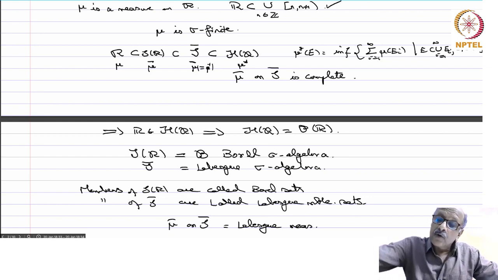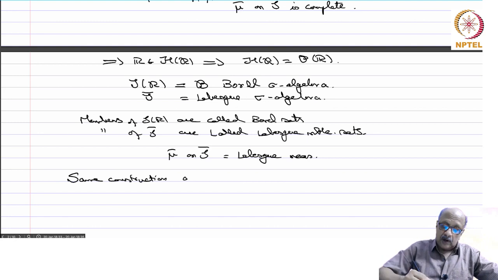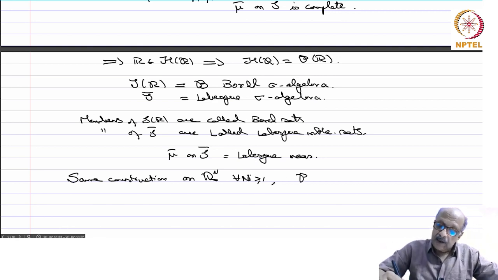Now you can do the same construction on R^n for all n greater than or equal to 1, with P equal to, as I said, the products of (a_i, b_i], i equals 1 to n.